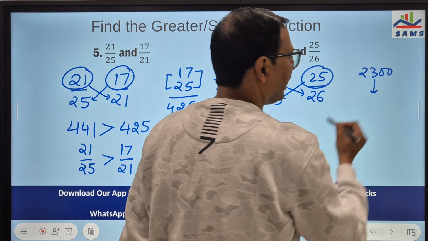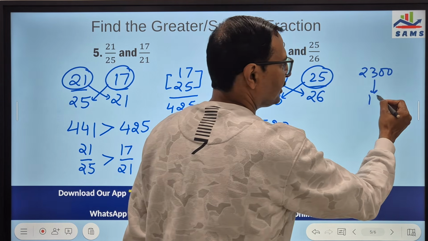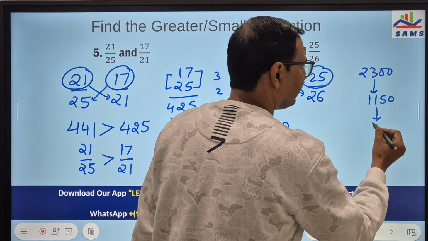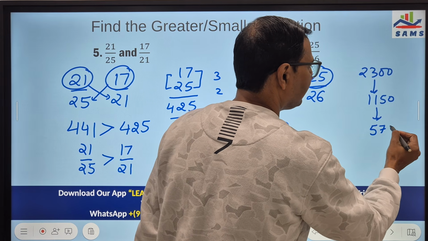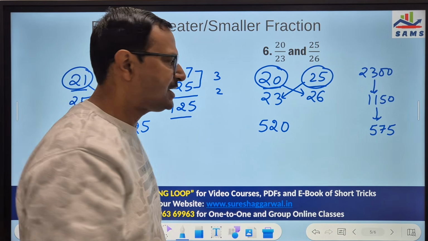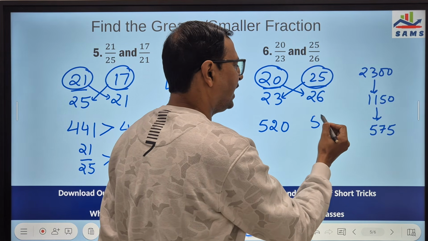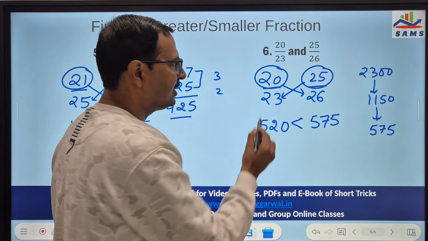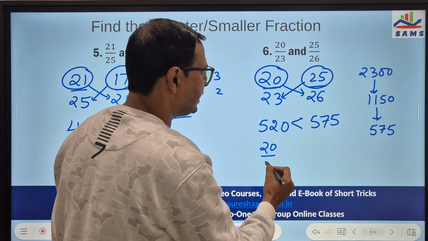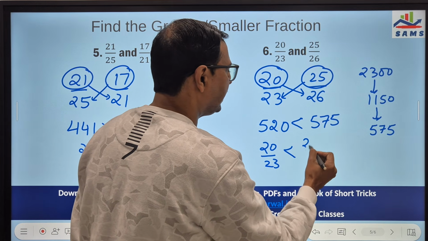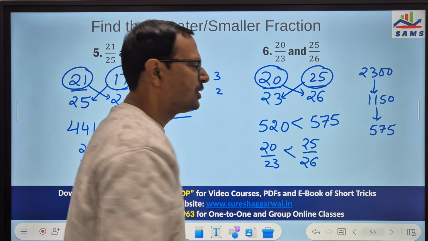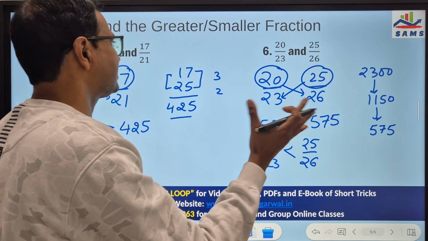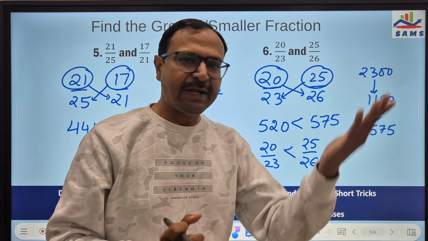If you take the half, this will become 1150, and if you take half once more, this will become 575. So 575 is the product across, and now I know that 520 is smaller than 575. So this fraction 20 by 23 is smaller than 25 by 26. So a single multiplication skill, and you can actually compare the fractions very easily by finding the greater or the smaller.